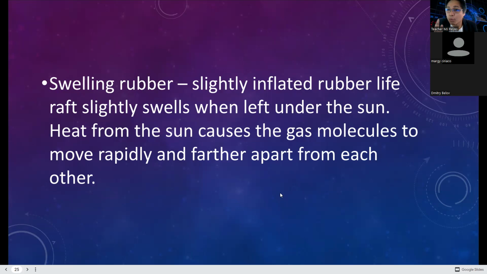Because when these tires are exposed to hot conditions, or under the sun, they will expand. Once you fill your tires with full air, the tendency is that it will burst in time if the tire cannot accommodate the volume of the air inside. Heat from the sun causes gas molecules to move rapidly and apart from each other, thus it actually expands.